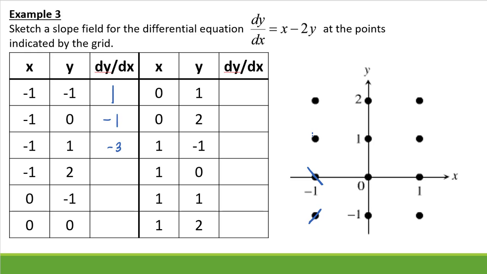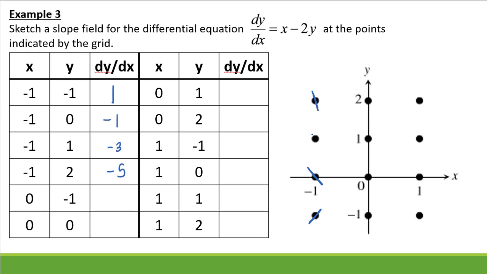When I plug in -1 and 2, we get -5, something even steeper, but you don't want it to be vertical, because that would mean an undefined slope. They have to look like they're either positive or negative, and for these three, the slopes are getting steeper. I might erase this one and adjust it a little bit so it's not as steep as the one above, somewhere in between.